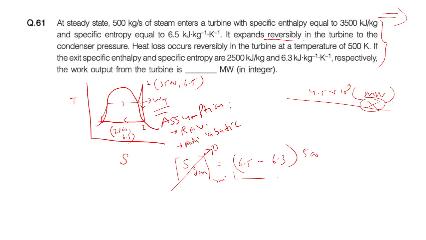So this much entropy is associated with the incoming and outgoing of the fluid, meaning steam. This much entropy should be compensated by the transfer of heat, correct or not? Correct, sir. So that much heat transfer will take place, otherwise entropy generation is there. So let's suppose Q amount of heat is transferred.